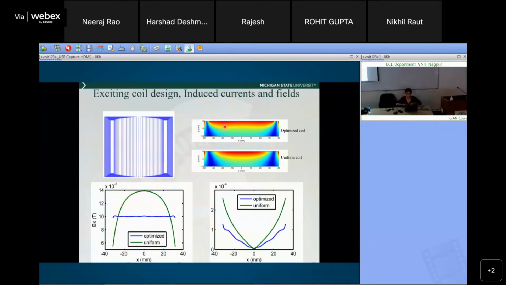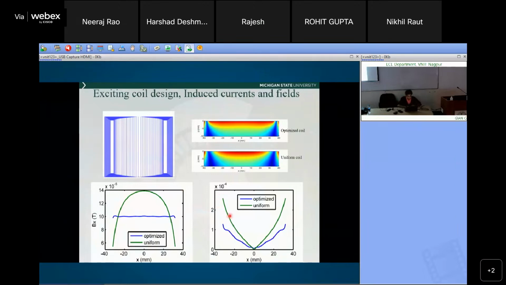If you use a uniform multi-line coil, it's like a parabolic induction thing. So how do I get a flat region? Instead of having a uniform coil, we designed a non-uniform coil. Towards the center there were more lines, and these lines were not equally spaced. We did some modeling studies.